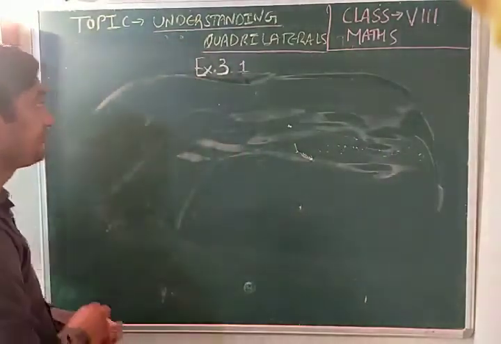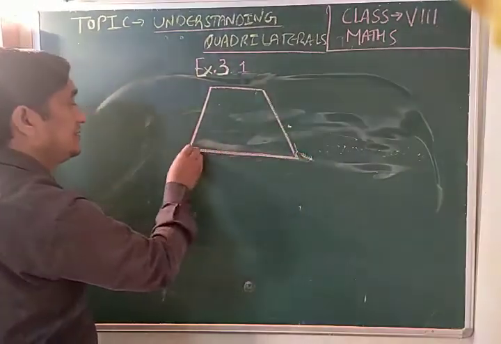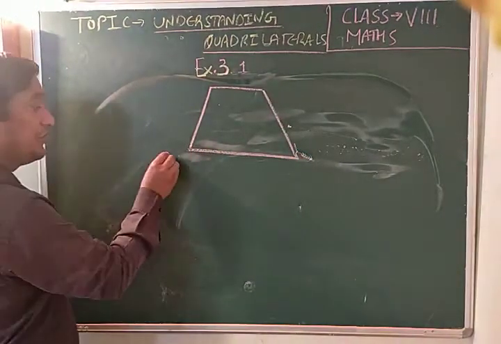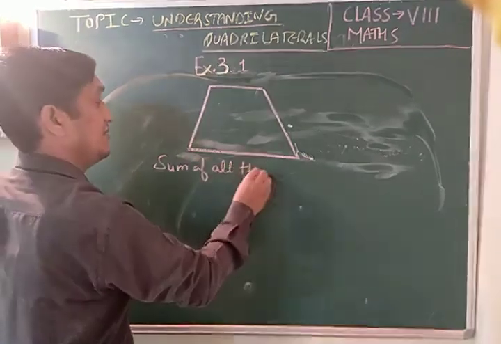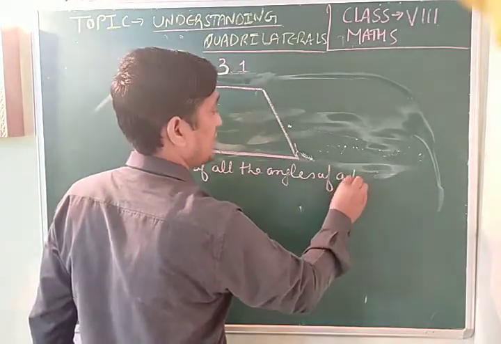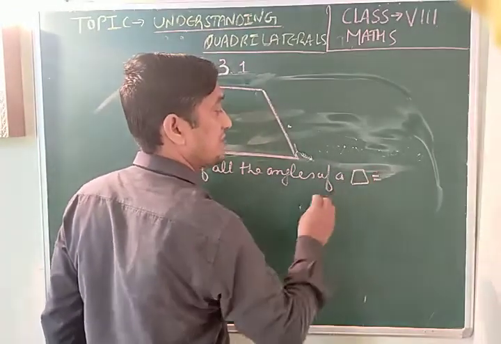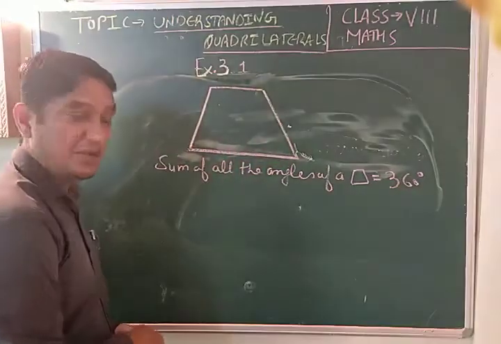Look, suppose this is a quadrilateral and we know that the sum of all the angles of a quadrilateral is equal to 360 degrees. How can this be obtained?